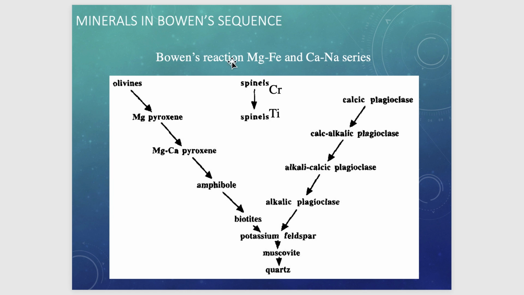Instead, the spinels that form really early are more characterized by refractory compositions. So we tend to have substitutions that prefer elements such as chromium that are highly compatible with the magma. Okay, so they will be the first to fractionate basically at relatively high temperatures.